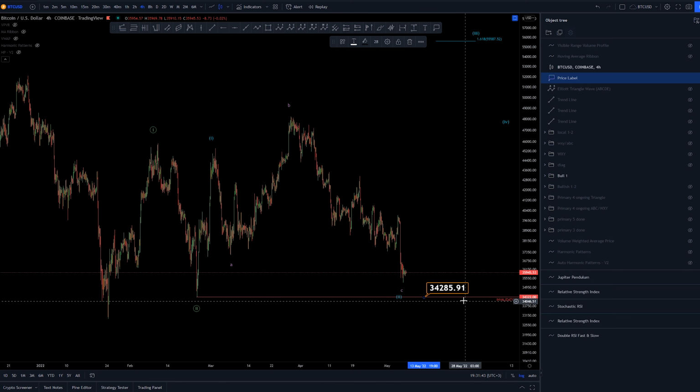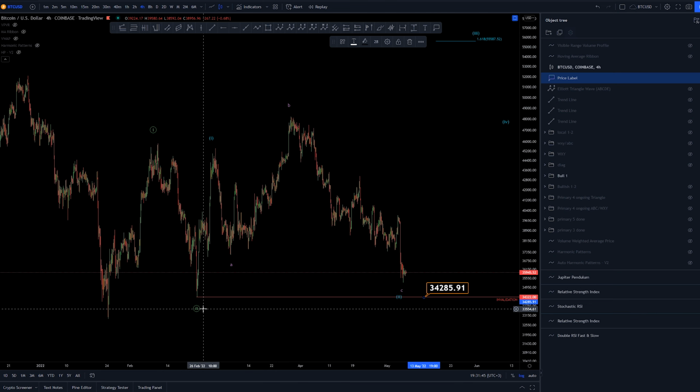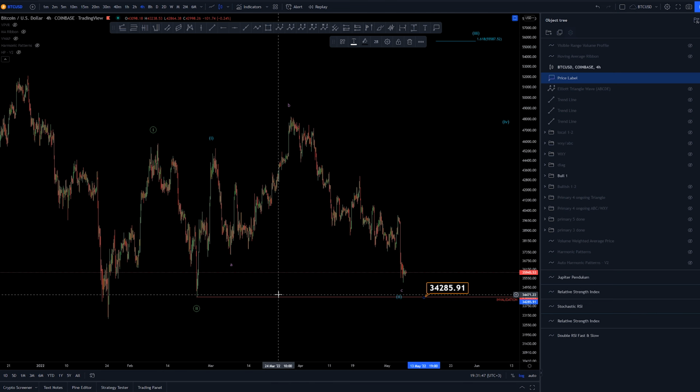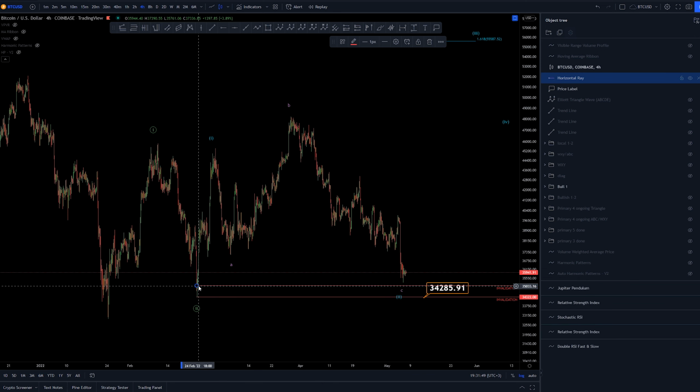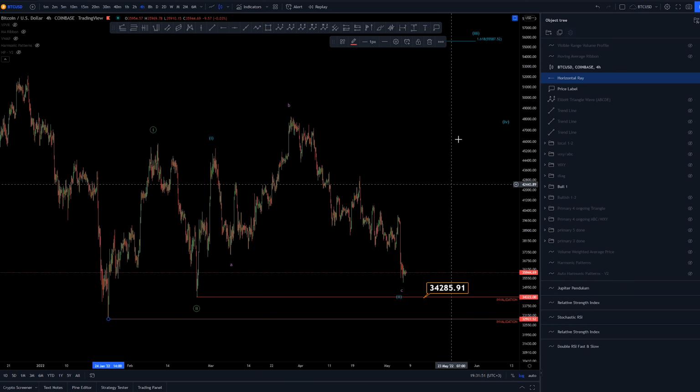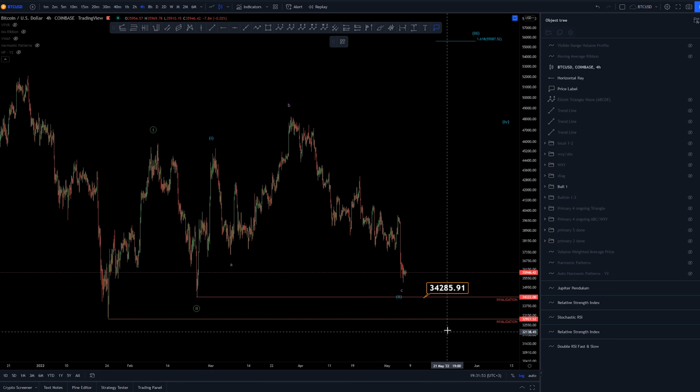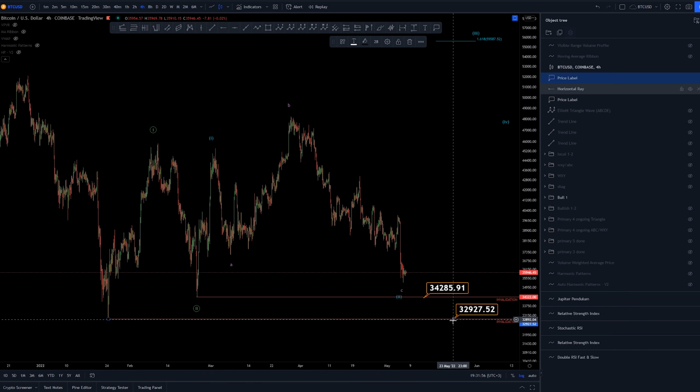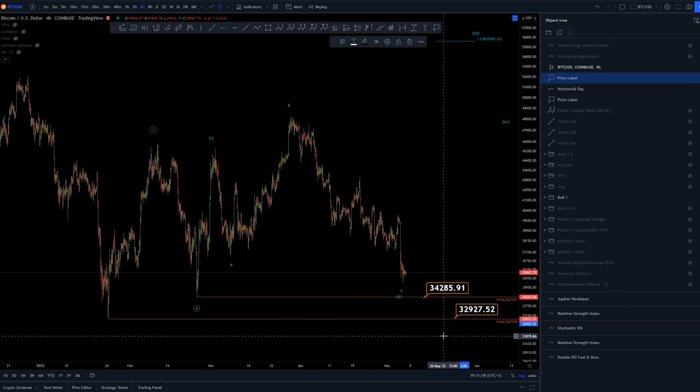New low would cancel basically this setup where we have wave 2 here. The complete invalidation of the bullish count is all the way down here at around $32,927.